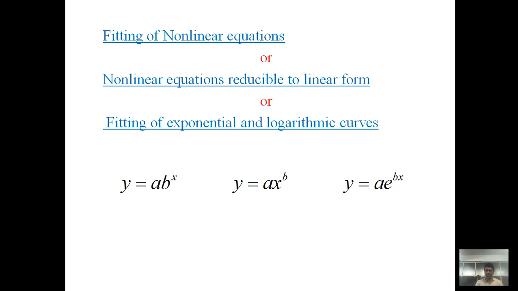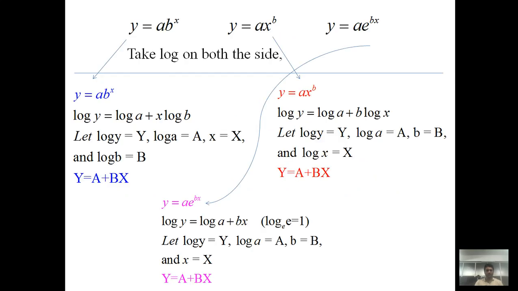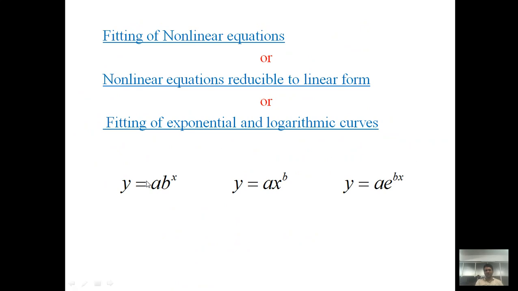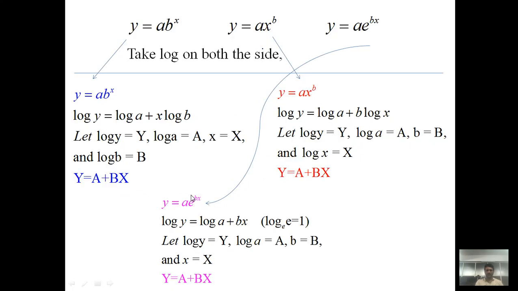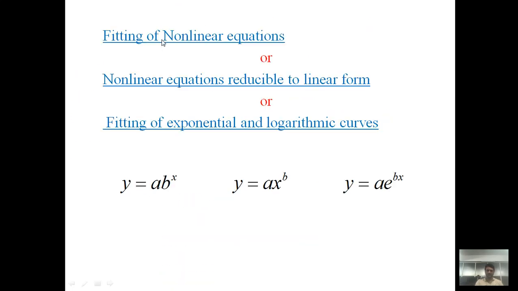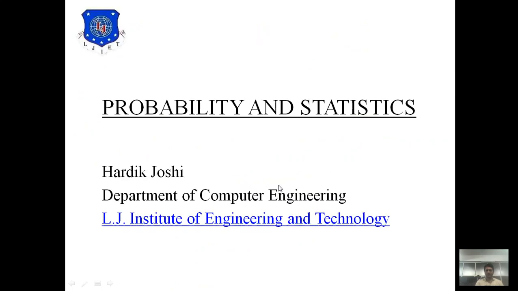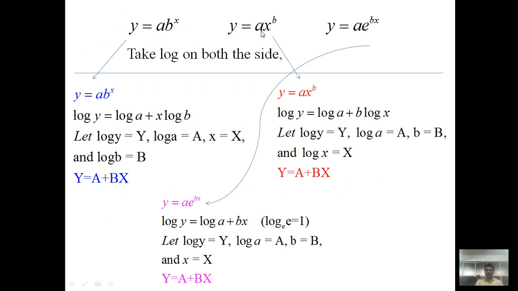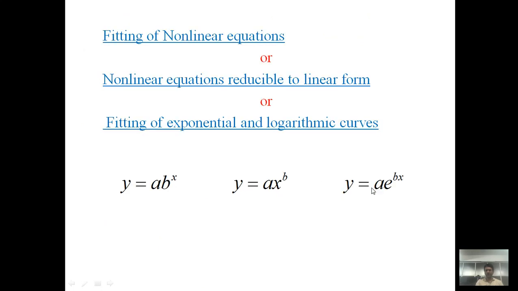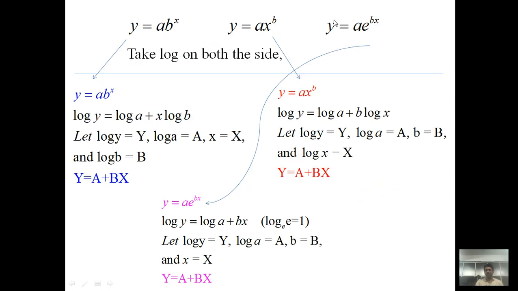We carry forward all these forms as they are. The first one, y is equal to a into b raised to x. The second one, y is equal to a into x raised to b. The third one, y is equal to a into e raised to bx.